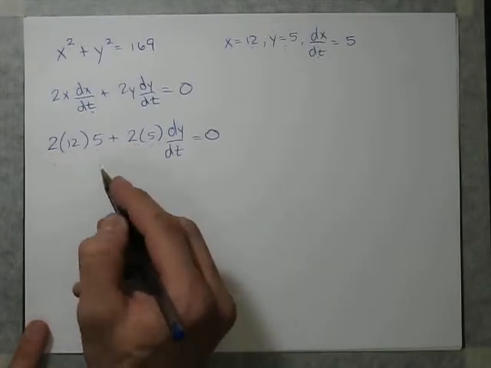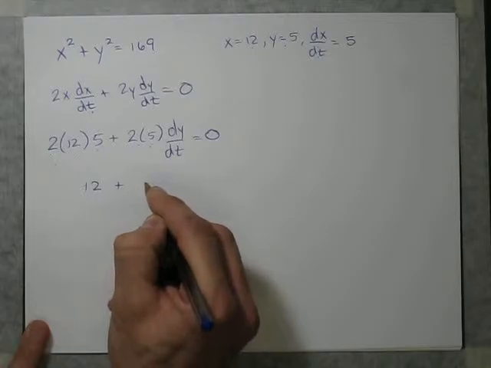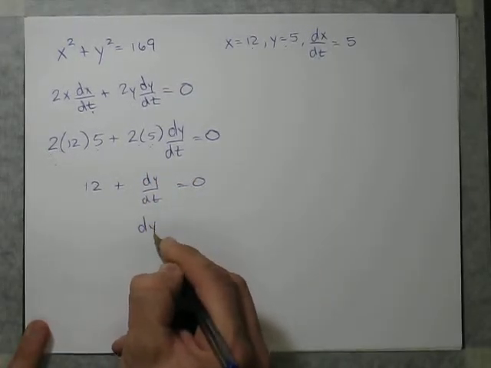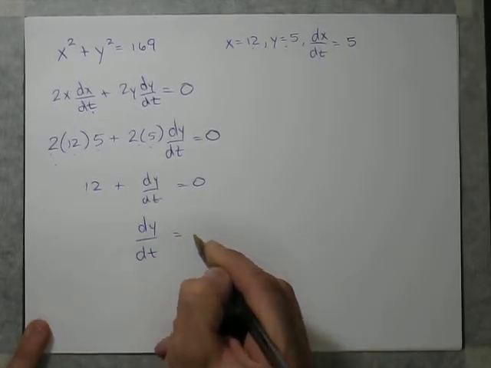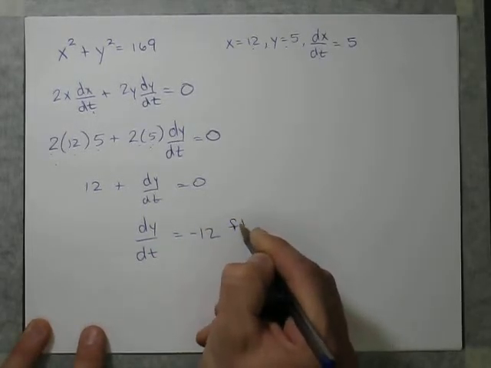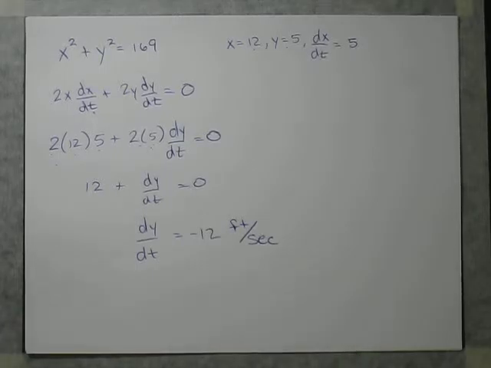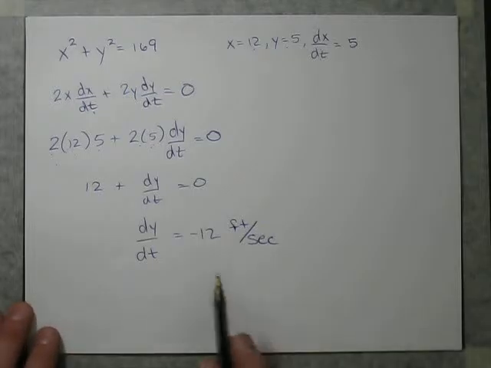Divide everything by 10, and you're left with 12 plus dy/dt is equal to 0, and therefore dy/dt is equal to negative 12 feet per second. Now, does it make sense that I have a negative change in my vertical? Well, sure, because the top of the ladder is going down. So that's my dy/dt.